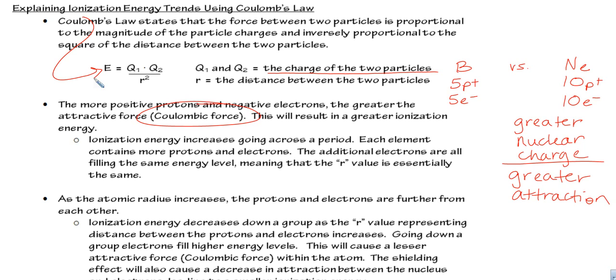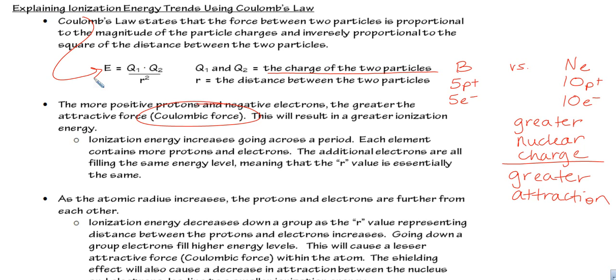That should create an E value that's also larger, right? So if the value in the numerator is larger, E is larger. If E is ionization energy, that makes sense. That, yeah, in the neon atom with the greater attraction, it's going to take more ionization energy to remove an electron.